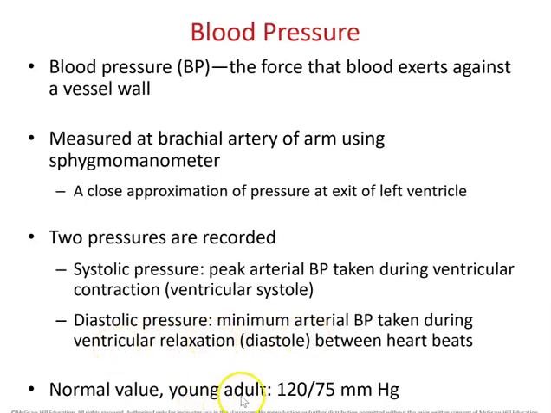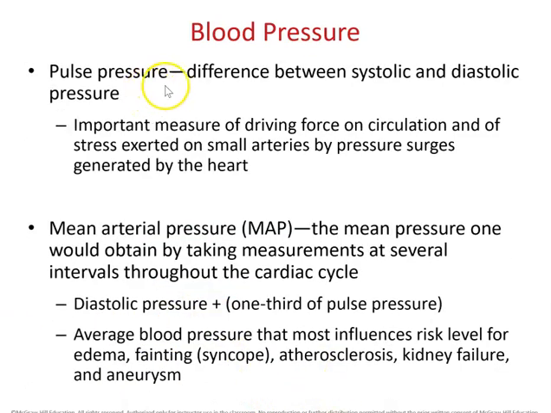For a young adult, the blood pressure is 120 millimeters of mercury for systolic pressure and 75 for diastolic pressure. Pulse pressure is the difference between systolic and diastolic pressure. It is an important measurement of driving force on circulation and of stress exerted on small arteries by pressure surges generated by the heart.